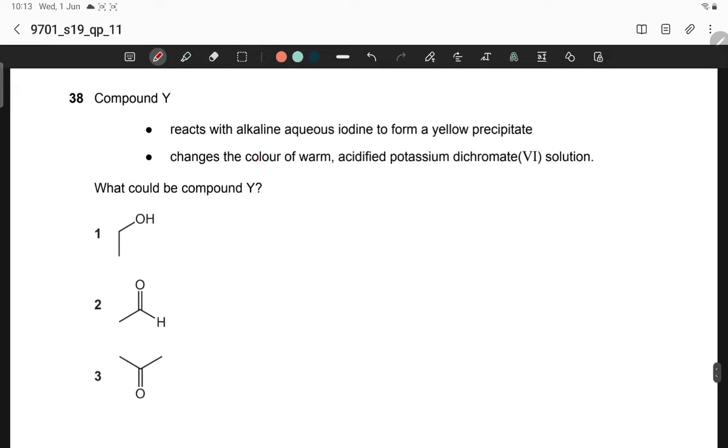Question number 38. Compound Y reacts with alkaline aqueous iodine to form a yellow precipitate. It changes the color of warm acidified potassium dichromate solution. What could be the compound Y?